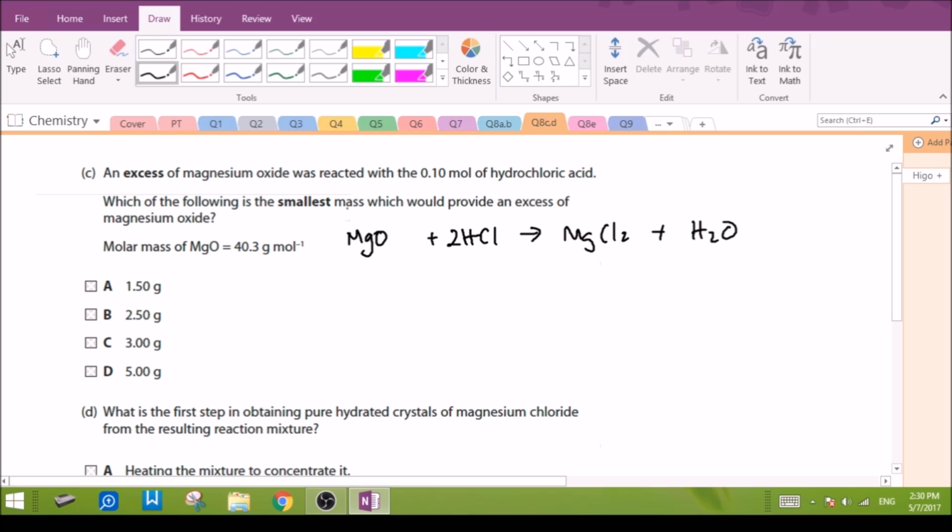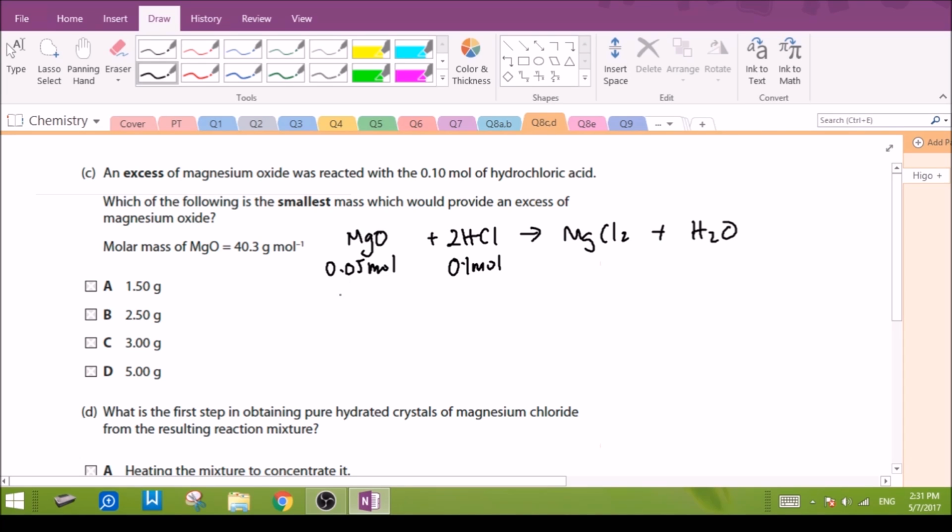We have the information that there was 0.1 moles of hydrochloric acid. What is the number of moles of magnesium oxide? Notice that the ratio they react is 2 moles of acid to 1 mole of magnesium oxide. So 0.1 moles of acid will require 0.05 moles of magnesium oxide, half the number of moles.